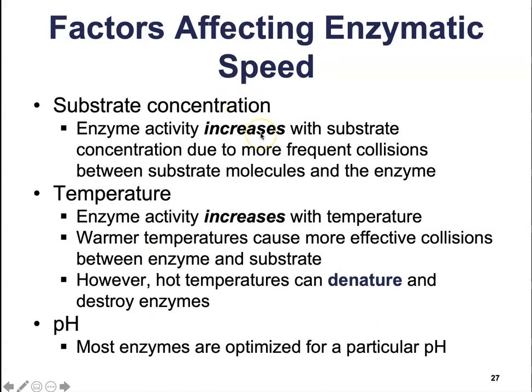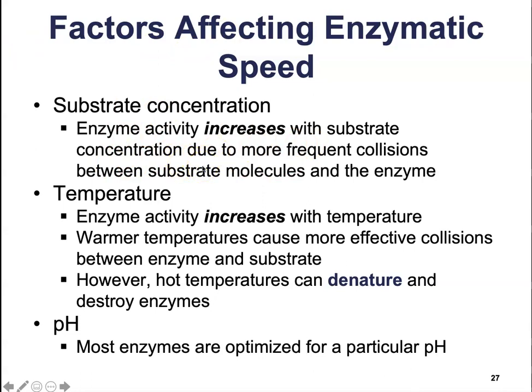Okay, now we'll talk a little bit, and again, this is what the enzyme lab will address. What are some factors that will affect the activity of an enzyme, right? Or the speed of an enzyme. So one is how much substrate is there. Okay, so it says enzyme activity will increase with substrate concentration.